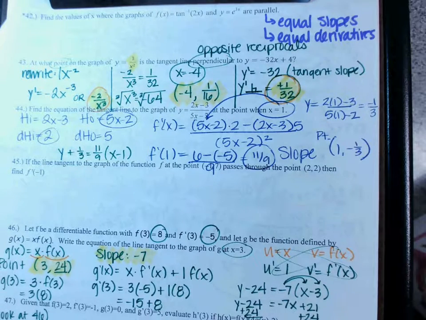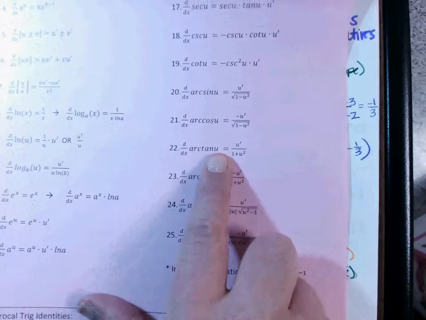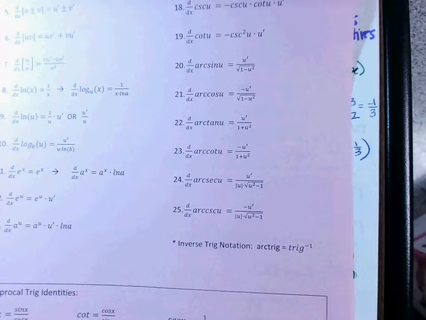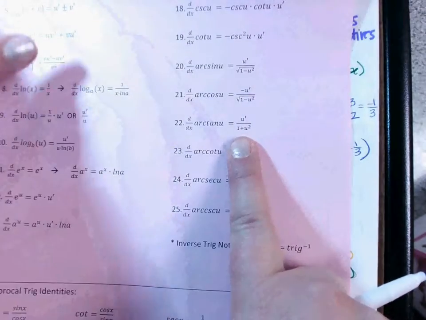Okay, you should all have one. What rule number is it? 22. I'll put it up here for you. Look. Arctan is u prime over 1 plus u squared, right there.